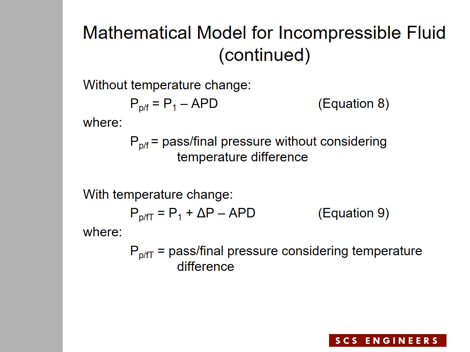If you want to consider the temperature effect, that would be equation 9. That would be P sub PFT, the pass-fail pressure considering temperature, which is equal to P1, the initial pressure, plus delta P minus allowable pressure difference, APD. Delta P could be a positive or a negative number.